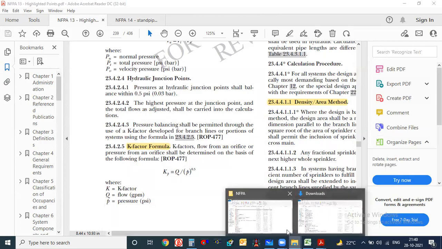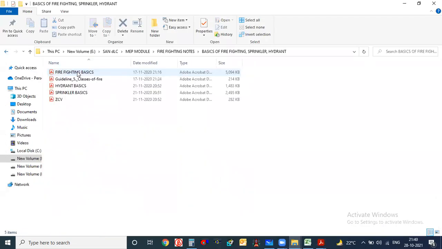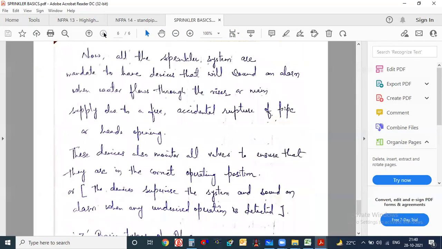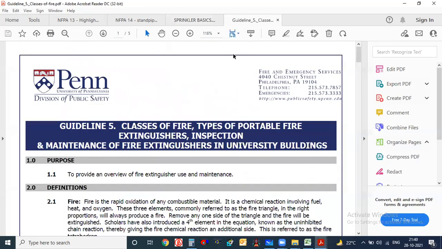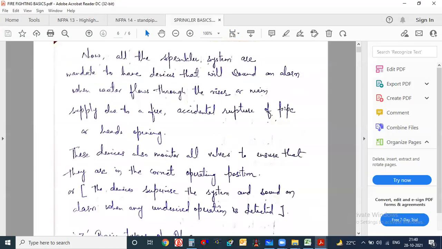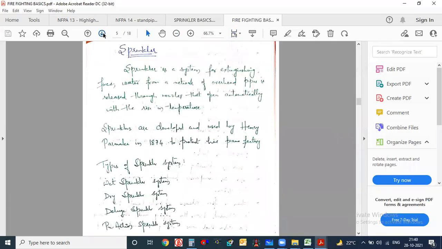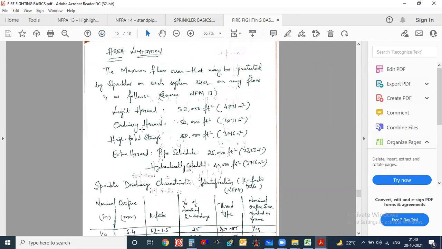I have also written one example here. I will show you. K factor, where is that? Okay, here it is given. This is just for our cross check. If you want to cross check anything, you can cross check with this K factor formula.